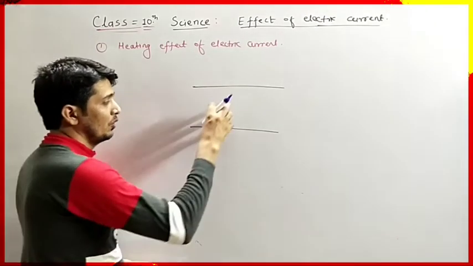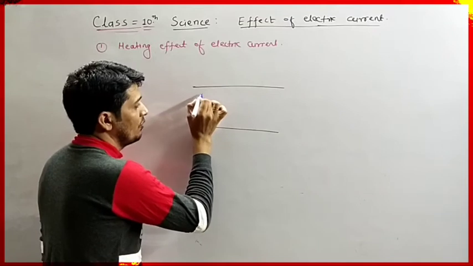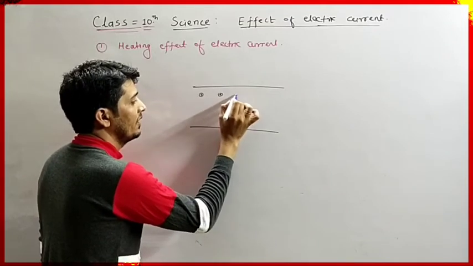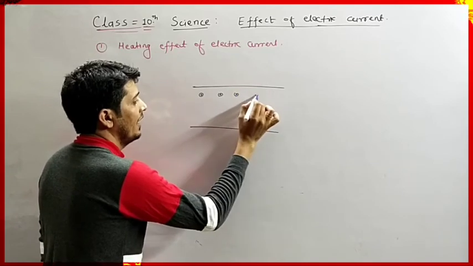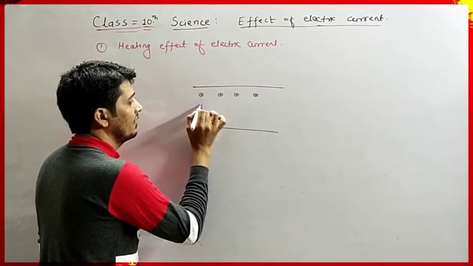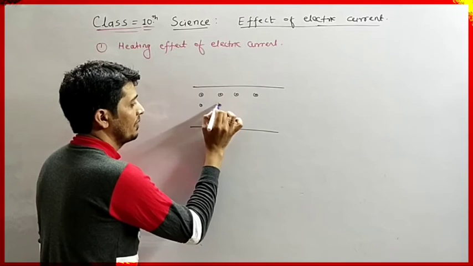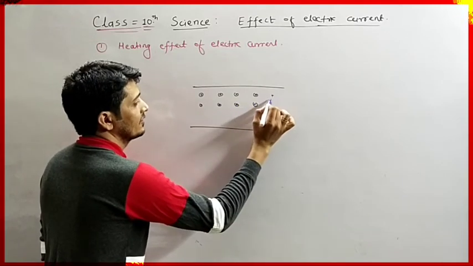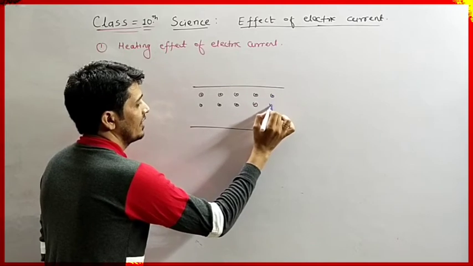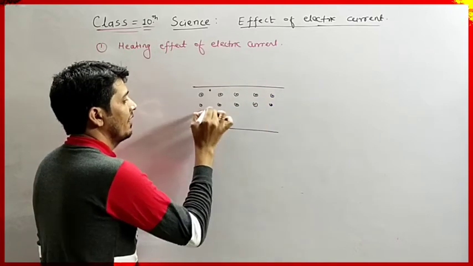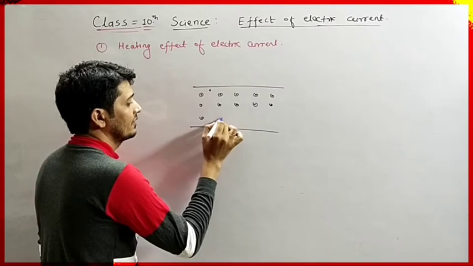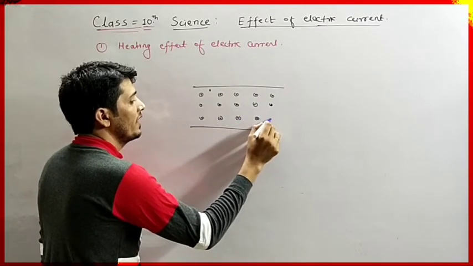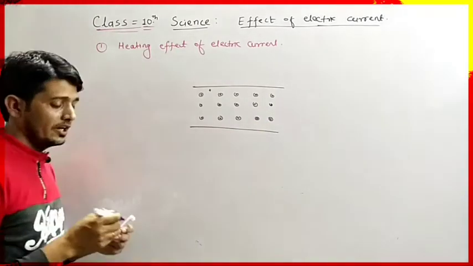Okay, so we know inside the conductor we have central metal ions, and an infinite number of electrons are present. Those electrons are nothing but the charge carriers. So here an infinite number of electrons are present, and these electrons are considered as mobile or movable electrons.